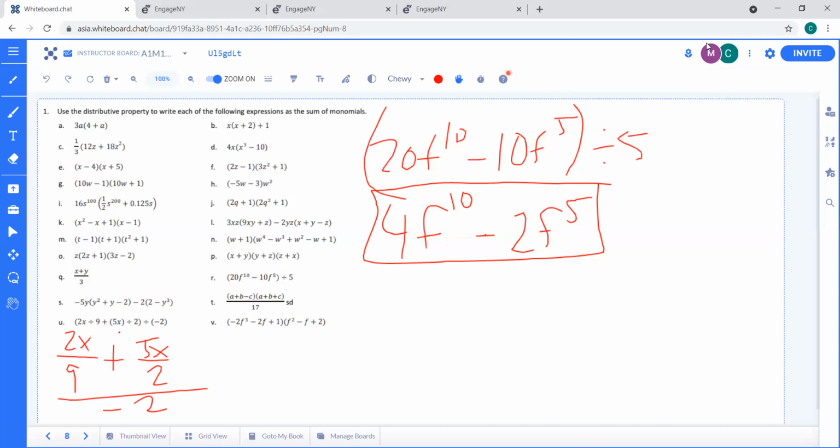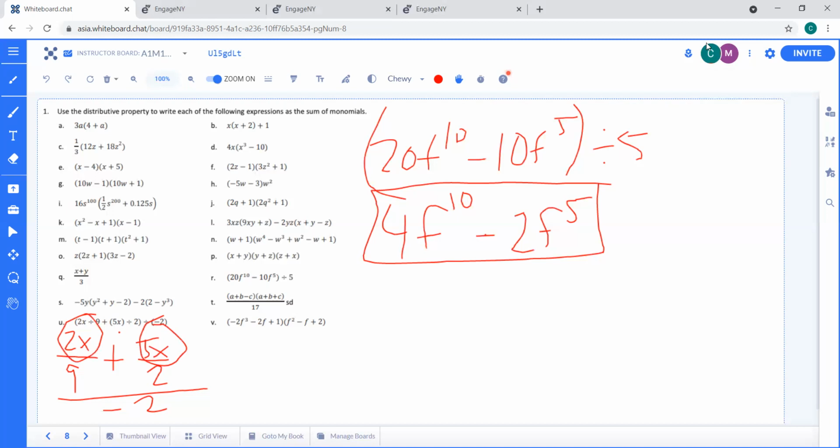Well, I don't like that. So to combine these top ones, you have to have a common denominator. Because these are both x terms, you've got to have a common denominator to combine them.